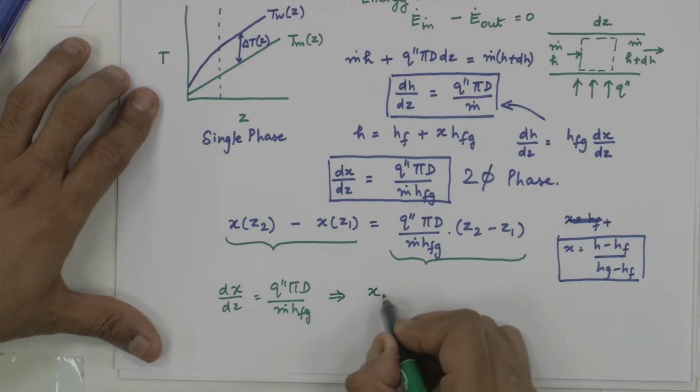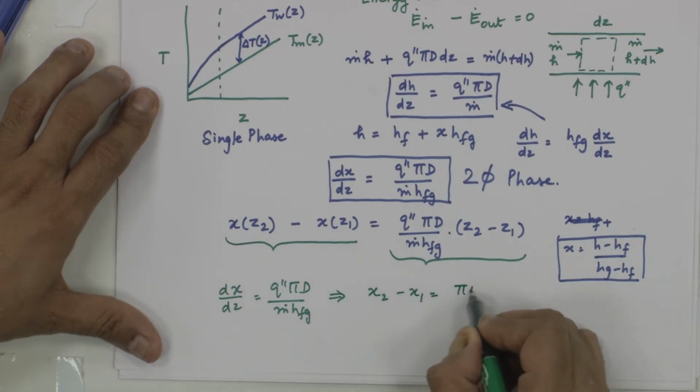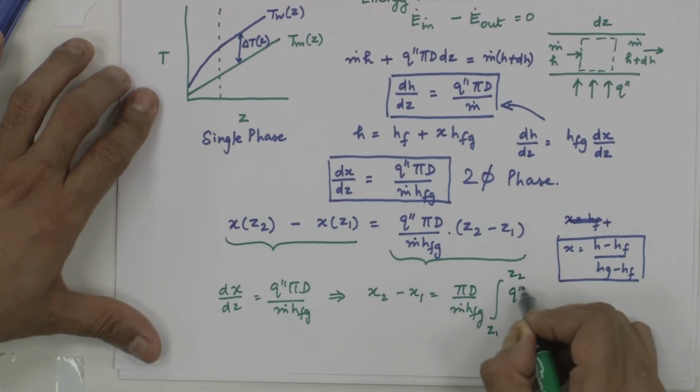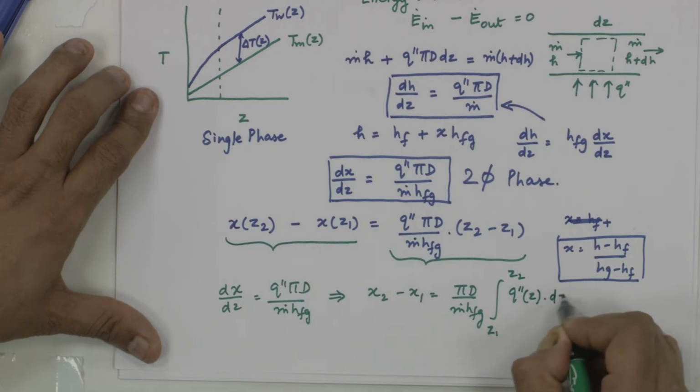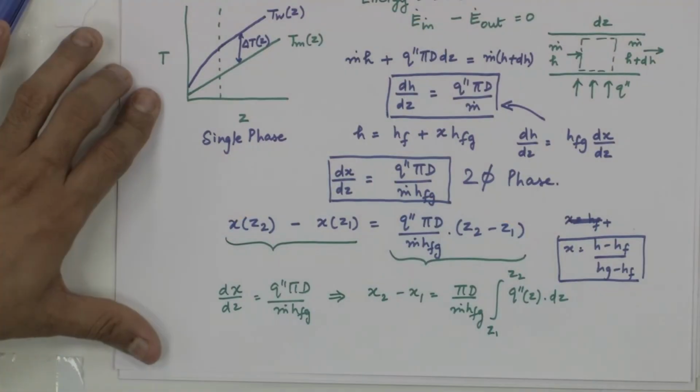So, x2 minus x1 is pi d by m dot hfg times the integral from z1 to z2 of q double prime, which is a function of z, dz. Fundamentally nothing changes. The complexity of the integration depends on the complexity of the function given.